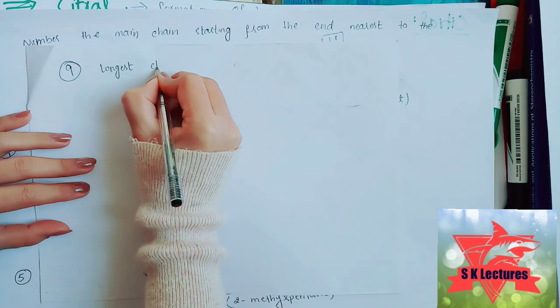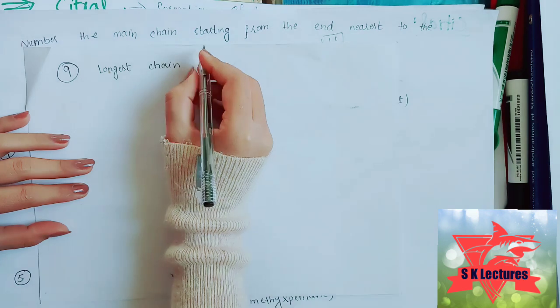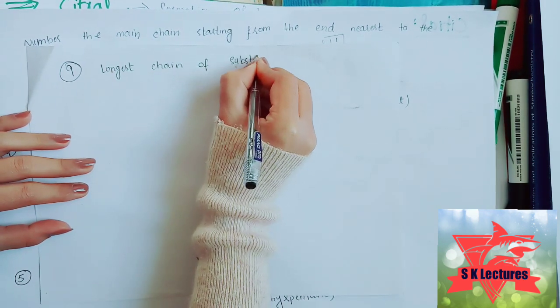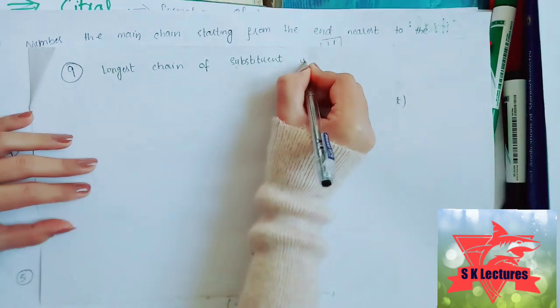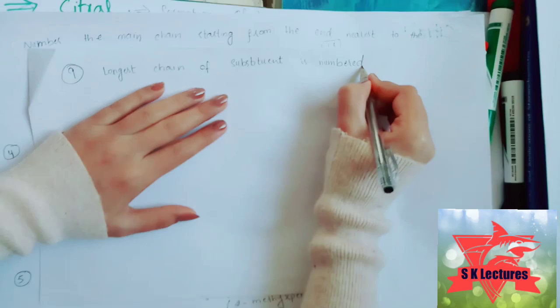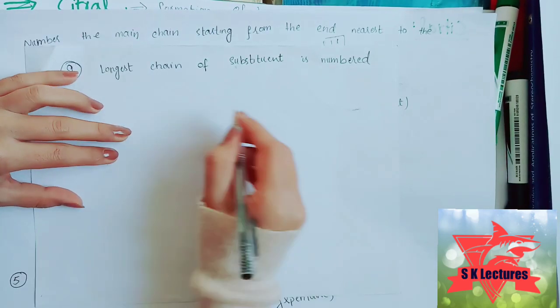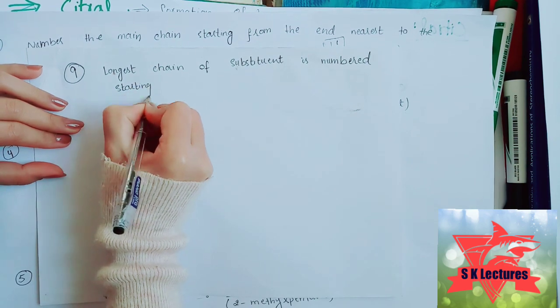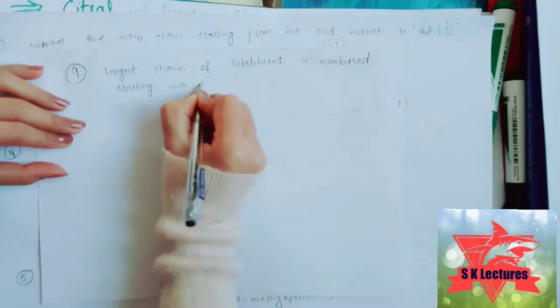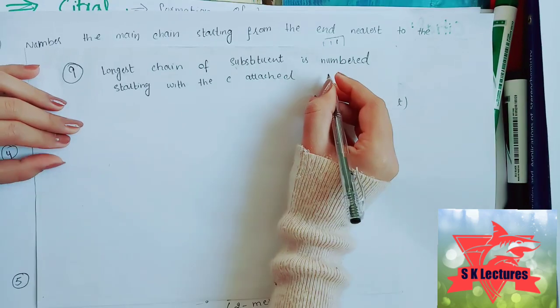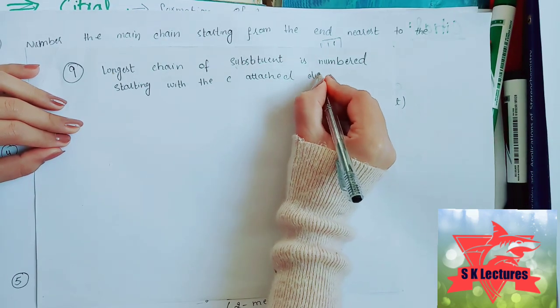So for the ninth and last rule, the longest chain of the substituent is numbered starting with the carbon attached directly to the main chain. Then parentheses are used to separate the numbering of the substituent and the main chain. It means that if a main chain has a subchain, then how will we write its name?